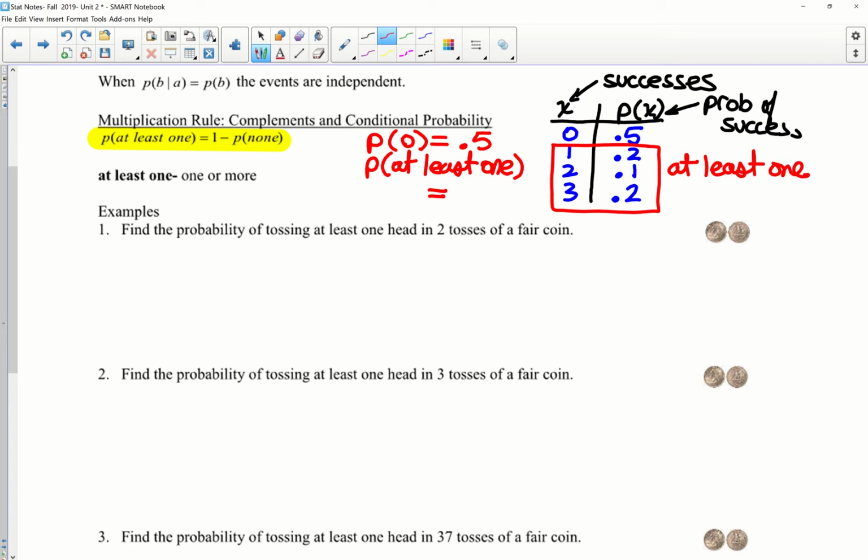So one way I could find the probability of at least one would be to add up the 0.2, 0.1, and 0.2 again. All right, in which case I get 0.5, and that'd be perfectly okay. The other way to do it would be to take the probability of getting none. So here's none.